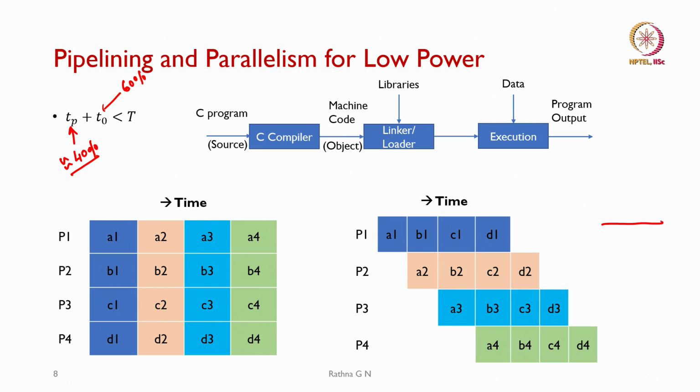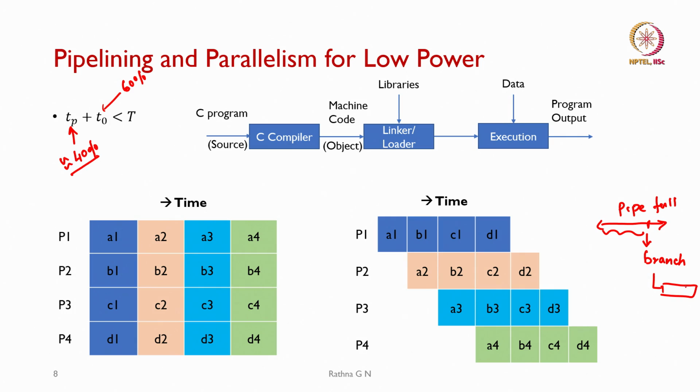If the complete pipe is full and at the very start I get a branch, or if the code is not properly written and there is a lot of branching in between, then whatever has come into the pipe has to be flushed, and at the branching place you again have to fill your pipe and go with the instructions following it.